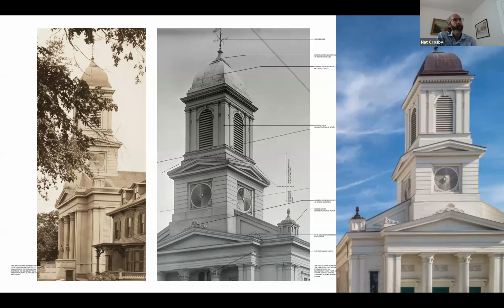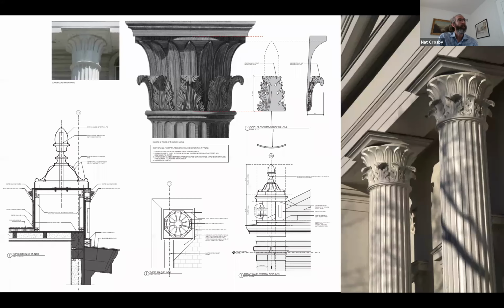And some of the items of note that we really wanted to make sure we got right were not only the proportions of the overall structure, but also the overall depths of the architecture and the moldings of the pilasters, so that they accurately stand out and give their shadows as they would have had before, which can easily be flattened and foreshortened within a recreation.